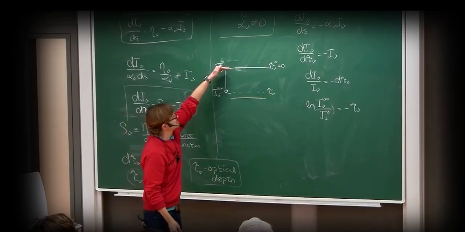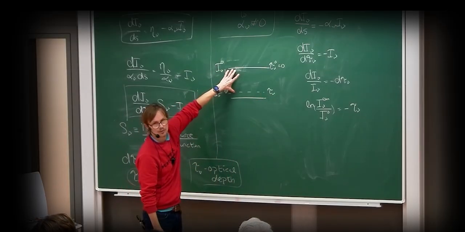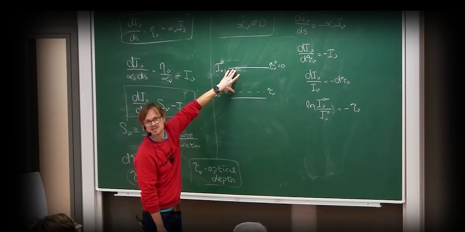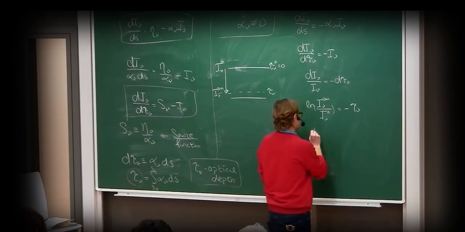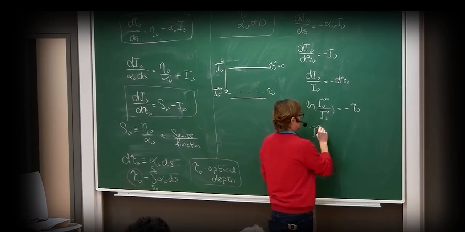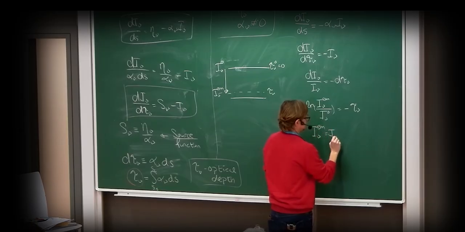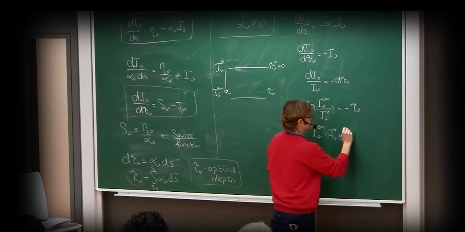We can always set the scale here. This is really delta tau nu, where delta tau is the optical depth difference of this slab or atmosphere. Yeah? This we typically can write as I nu 0 e to the minus tau nu.